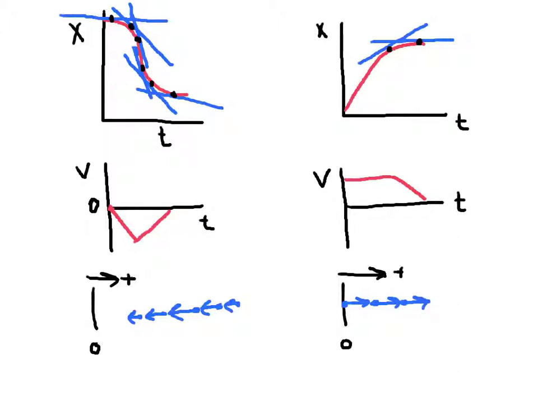Then, the next portion, we see the slope is actually decreasing, so the smaller slopes then indicate that our velocity is getting smaller, and therefore our arrows should be getting shorter on our motion map.